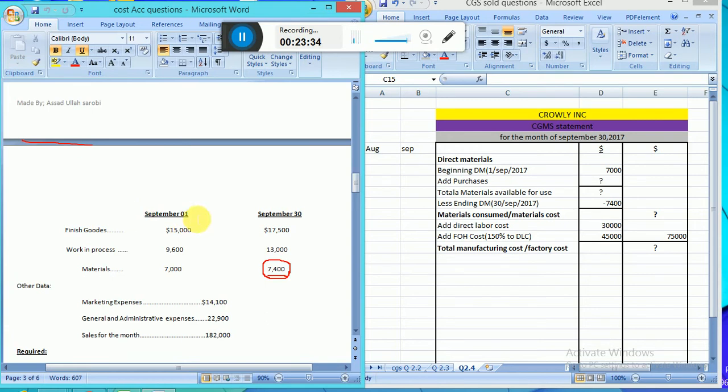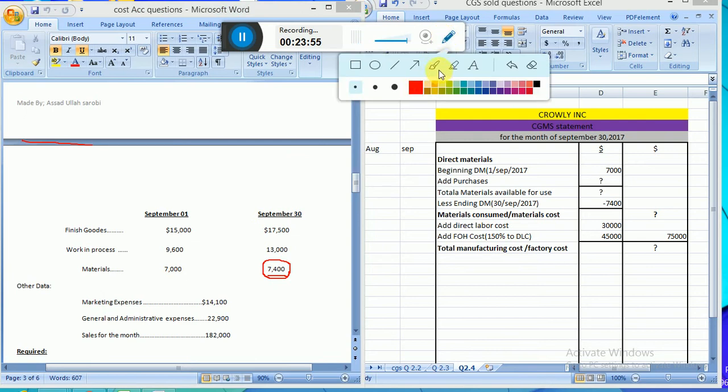September 1st means these are the beginning inventories, the remaining inventories from the month of August. So we check whether we have inventory from the month of August or not. Yes, we have 9,600 work in process from the previous month remaining.